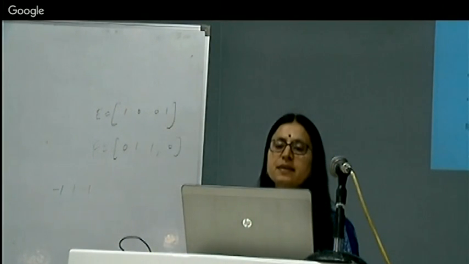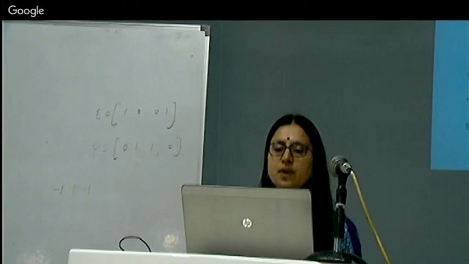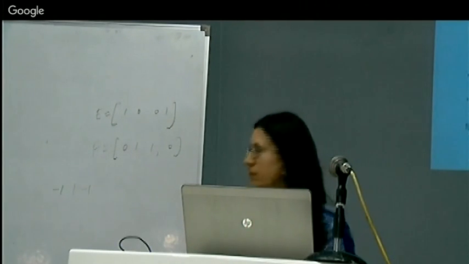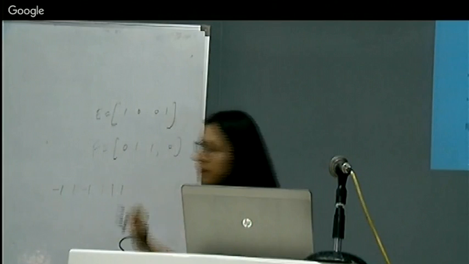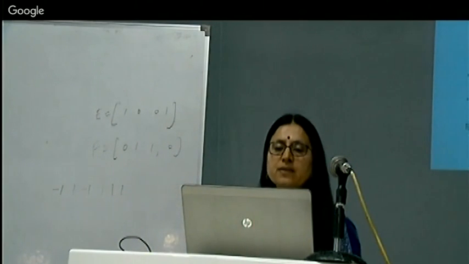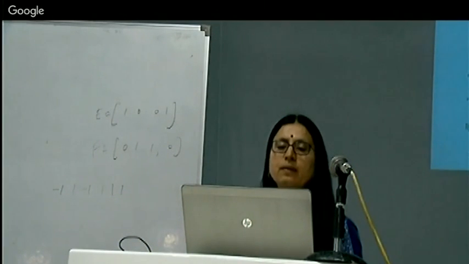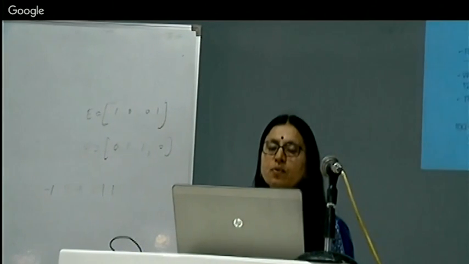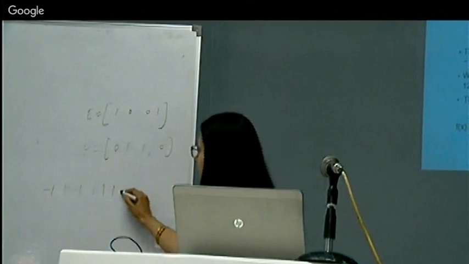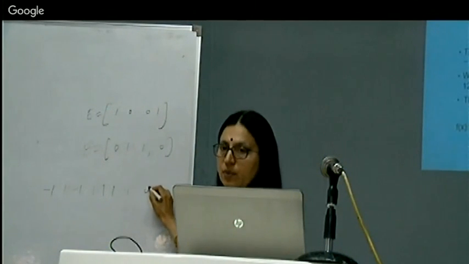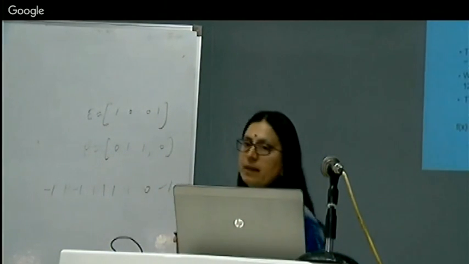Now the next three activations are 12, 12, 12, so the output will be 1, 1, 1. Then it is again -12, -2, -12, 2, and -12. For -12, the output will be -1. For 2, it will be 1. And for -12, it will be -1.